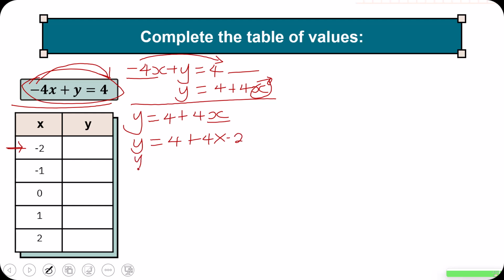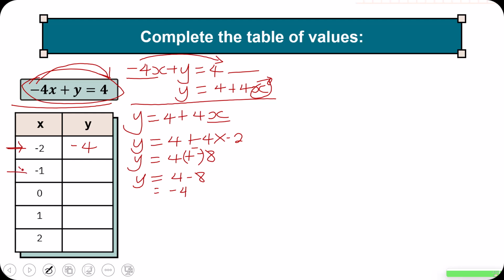And in this case, 4 times -2 is -8. When you have a positive and a minus, they give you a minus. So y will equal to 4 minus 8. 4 minus 8, you remain with minus 4. So our y value is -4.